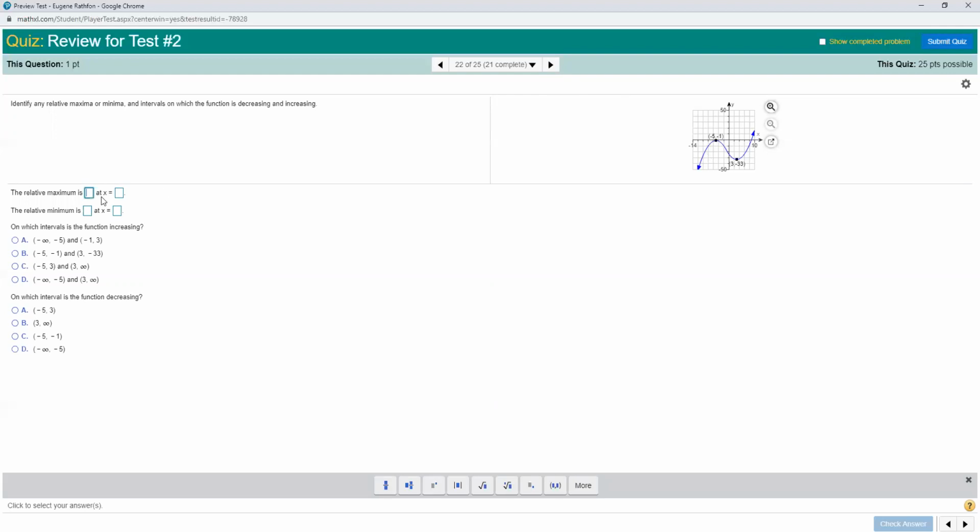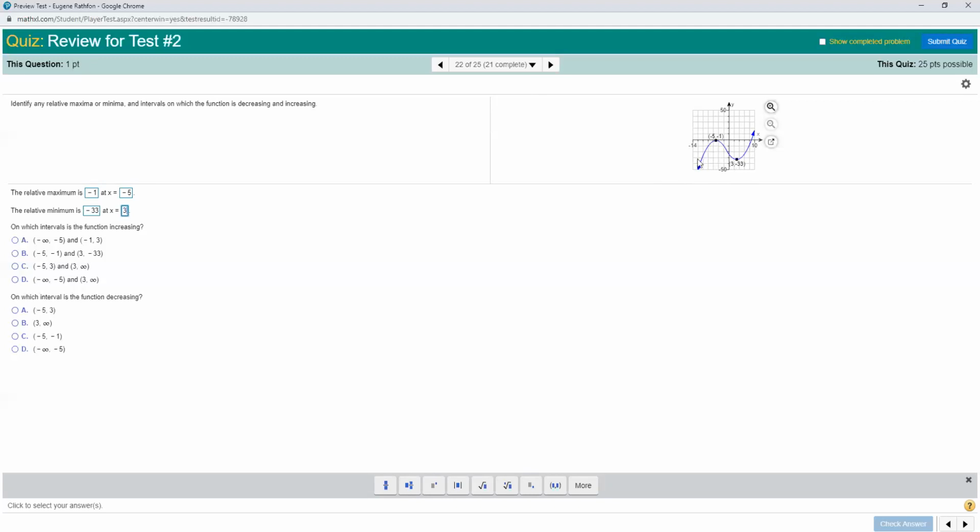So the relative maximum is this point right here, and it has a value of -1 at x equals -5. It has a relative minimum right here of, oh, that was like -33. And that happened at the x value of +3.